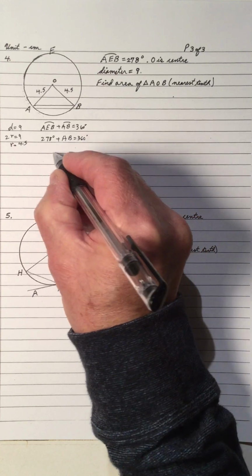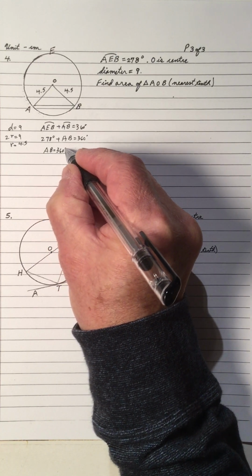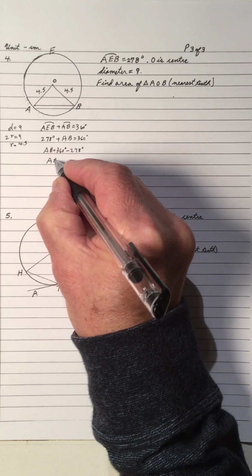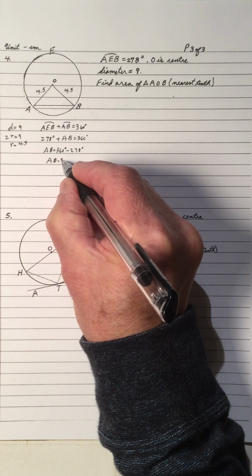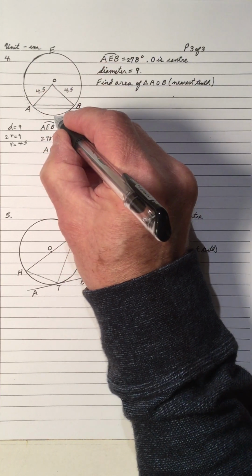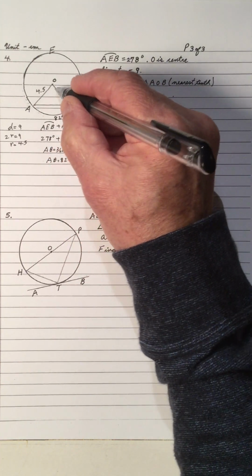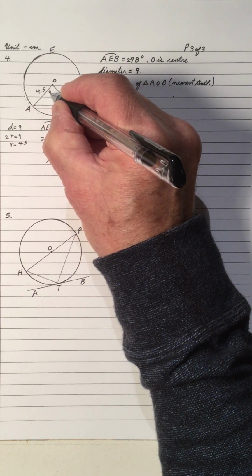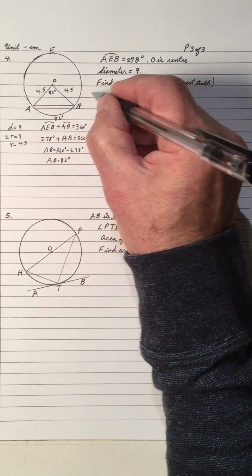So AB is 360 minus the 278, and that works out to be 82 degrees. So if this arc is 82, the central angle is the same size as the arc that it cuts off. So this angle O is 82 degrees because the central angle is the same size as the arc.